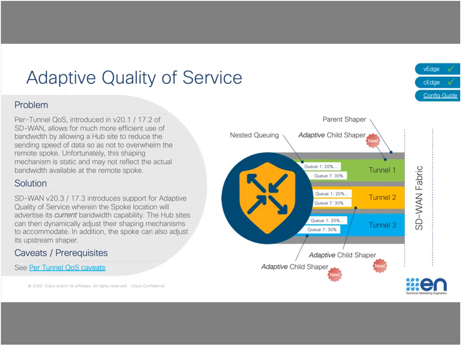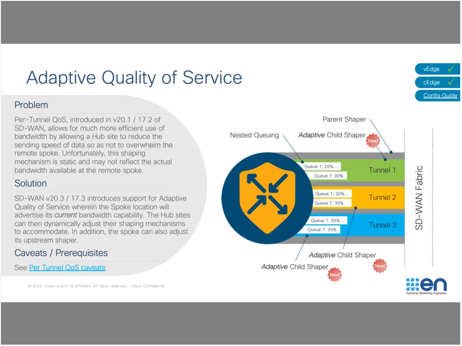If you think about it, in IWAN, we used to have this notion of per tunnel QoS. Per tunnel QoS was introduced in 20.1 of SD-WAN code earlier this year. Adaptive QoS builds on the per tunnel QoS idea. And if you're not familiar with what it is, it's exactly as the name would imply.